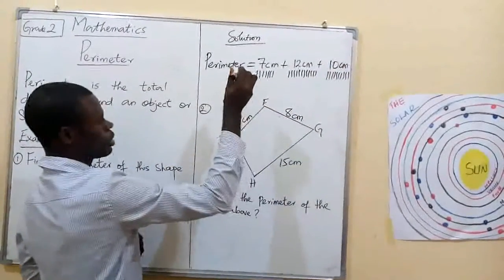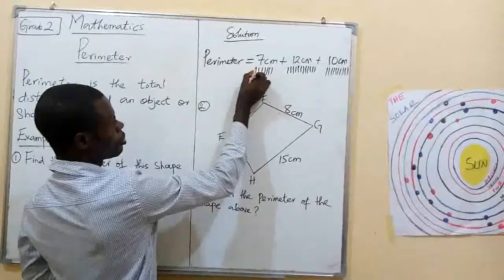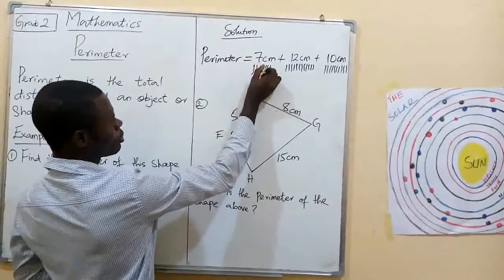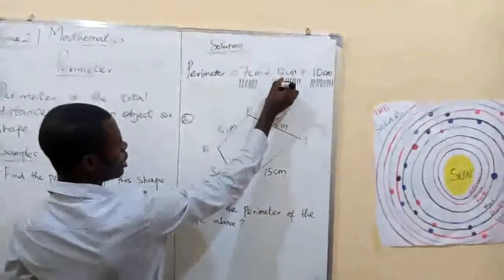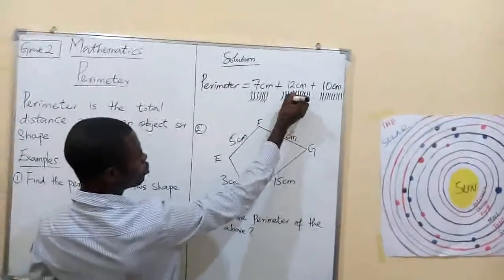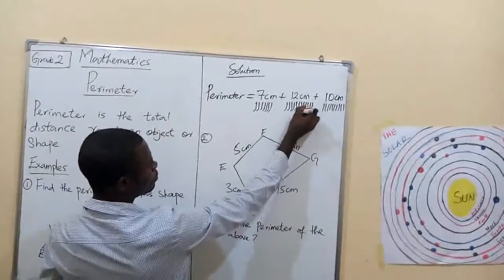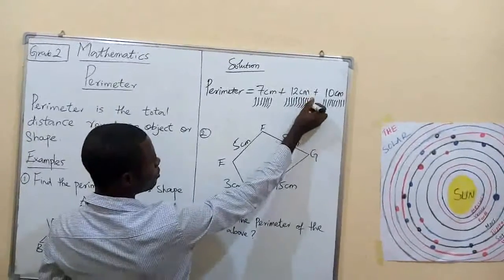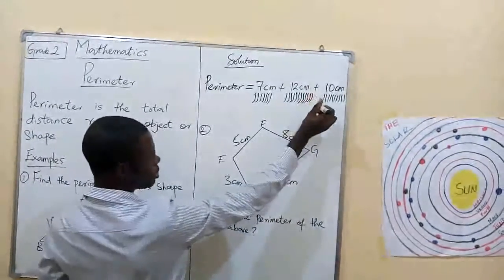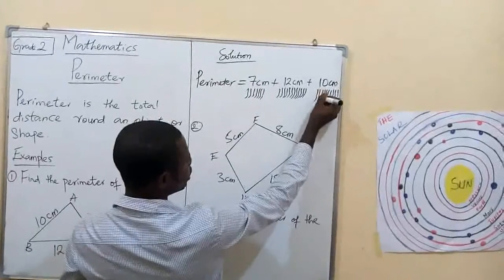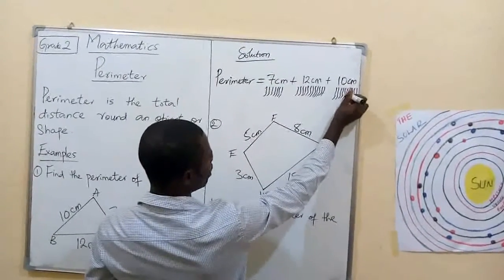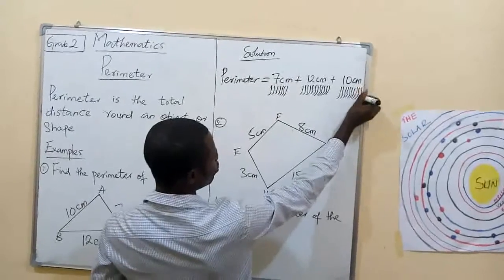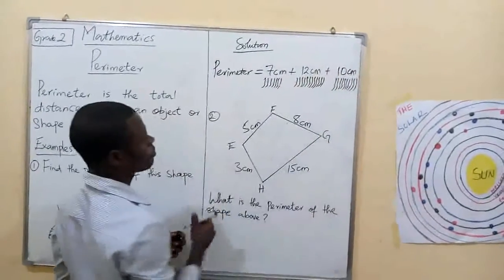So next we are going to add them together. 1, 2, 3, and so on up to 29.